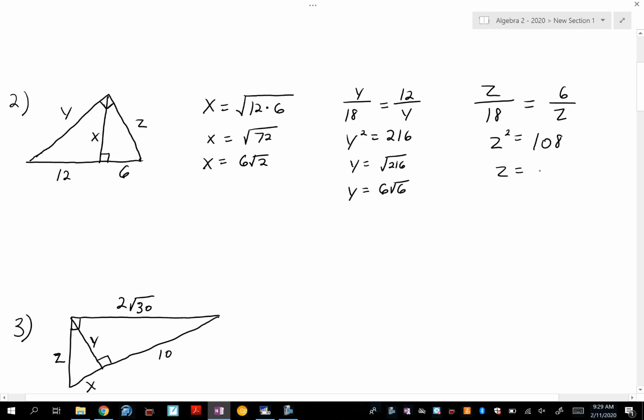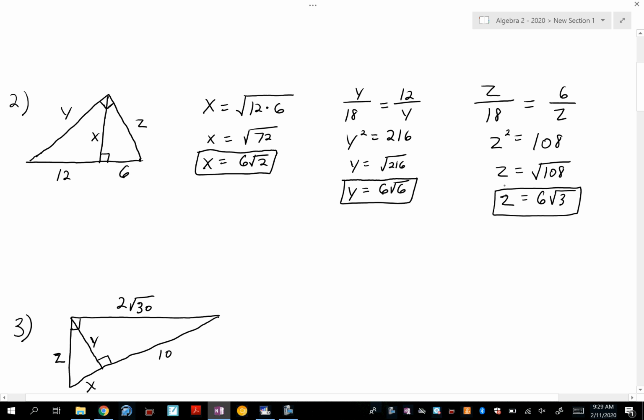So z is equal to the square root of 108, which reduces to 6 times the square root of 3. So this is going to be our answer here for z. So I have x, y, and z.